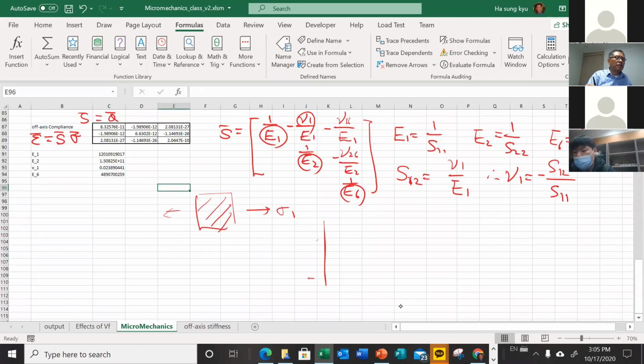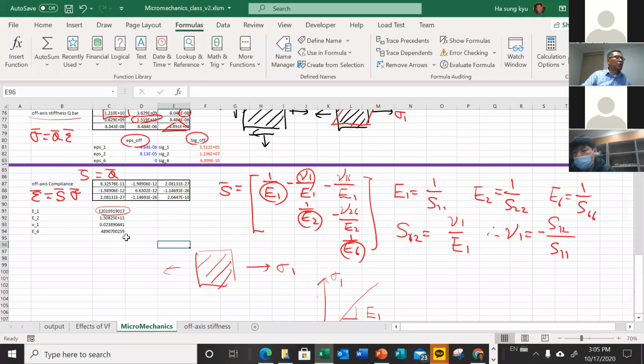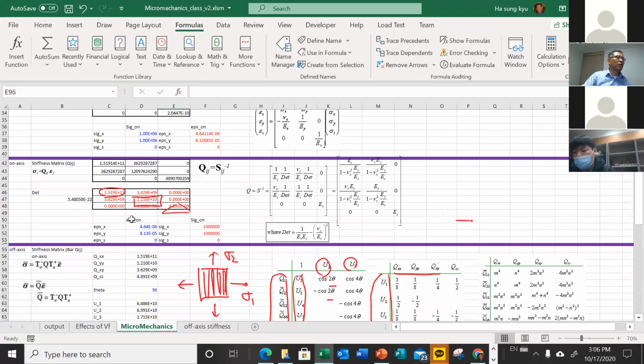You can measure sigma 1 versus epsilon 1, and that is the slope. Let's say you put some strain gauges, and this is the E1, as we define here. Exactly the same as the engineering constant in other materials, on axis and isotropic, but it's useful to be able to derive these terms all the way through from on axis.